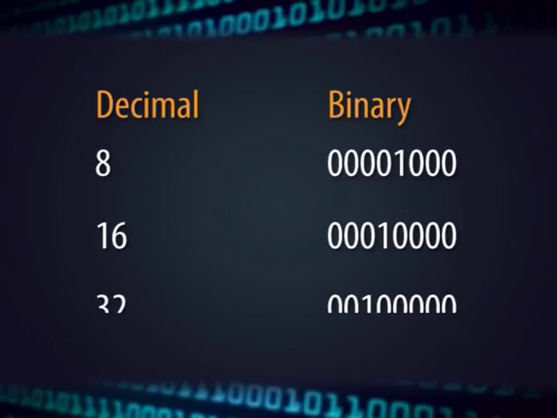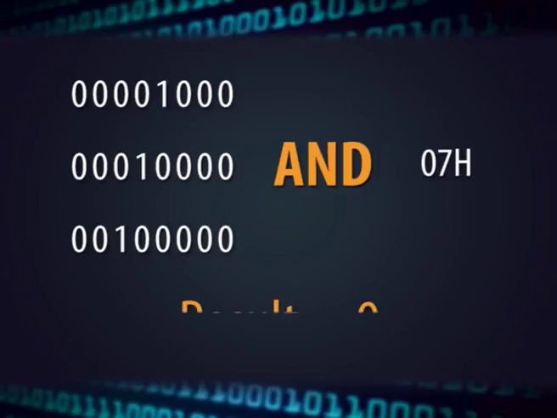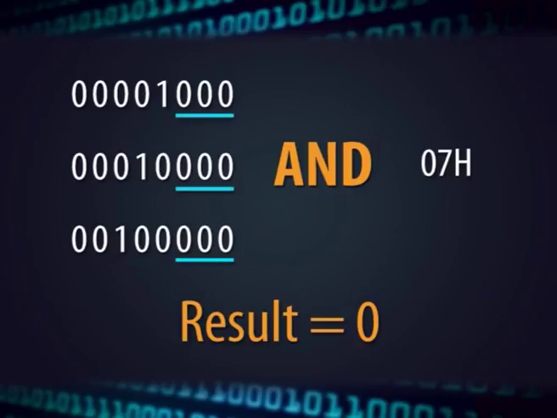The number 32 is expressed in binary as 100 followed by 000. If we AND the given number with 07 hex and the result of the operation is 0, then we can conclude that the number is divisible by 8 as its last 3 least significant bits are 0.